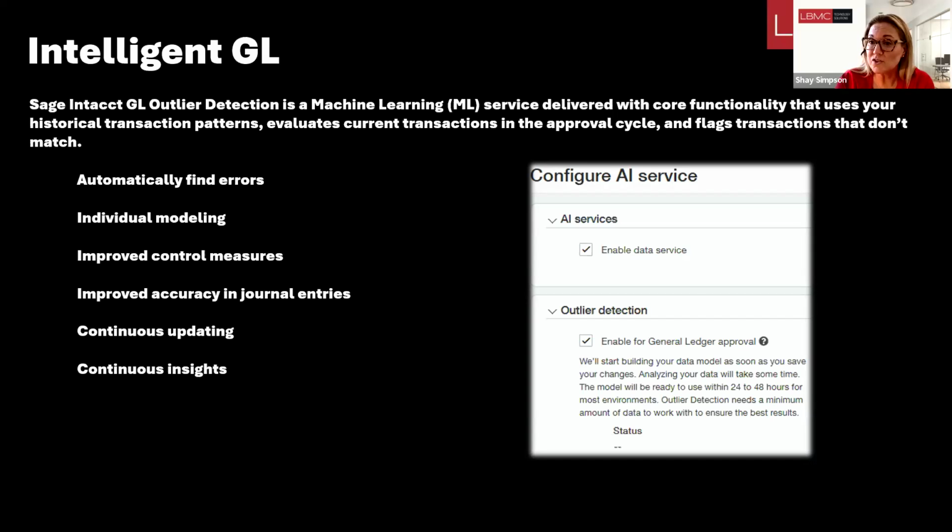So again, when we turn on our GL approvals, that does not have to be a one size fits all. Does that make sense when I say that? Does everyone understand that when we talk about the journal types?